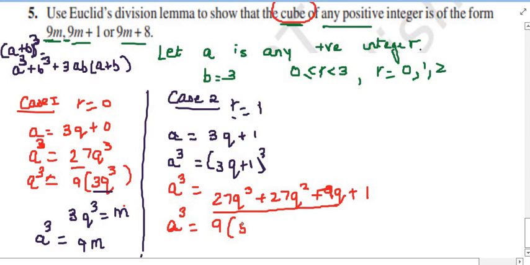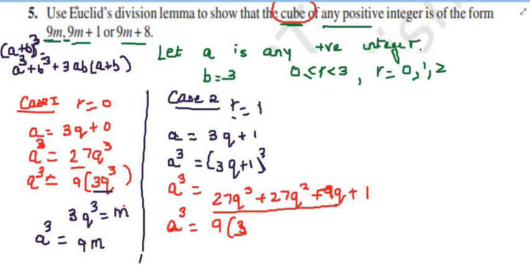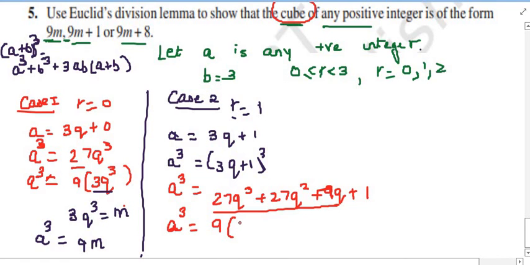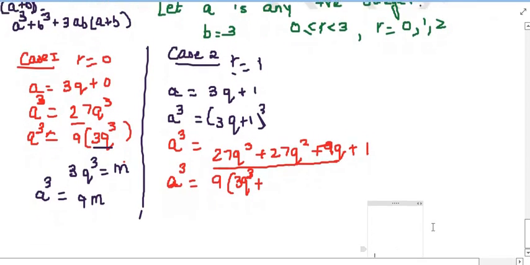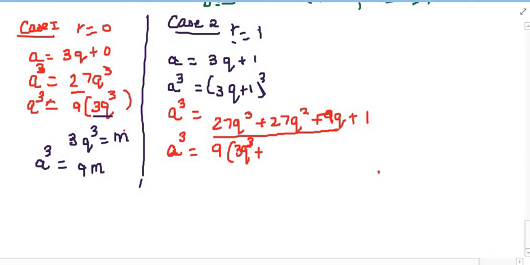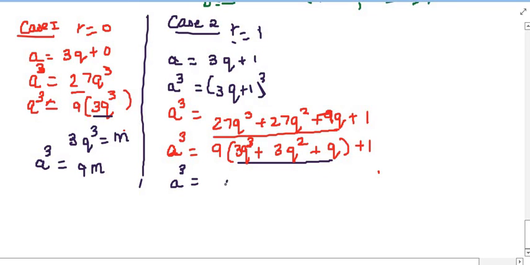So it will be 9 times (3q cube plus 3q square plus q) plus 1. Let's say this inside the bracket is equal to m, where m is any positive integer. So a cube will be equal to 9m plus 1.